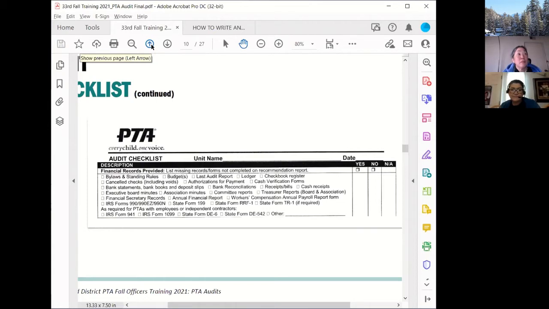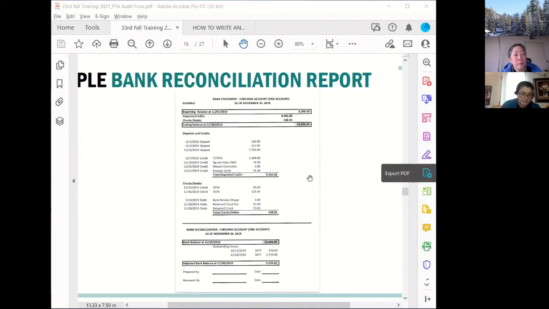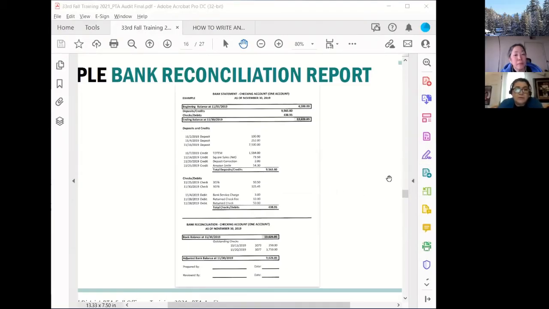Because it is a little bit different than your treasurer report. Go to slide 16. There you go. It is the same information, just in a different format.